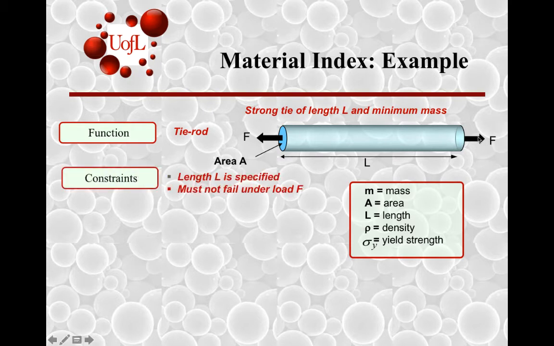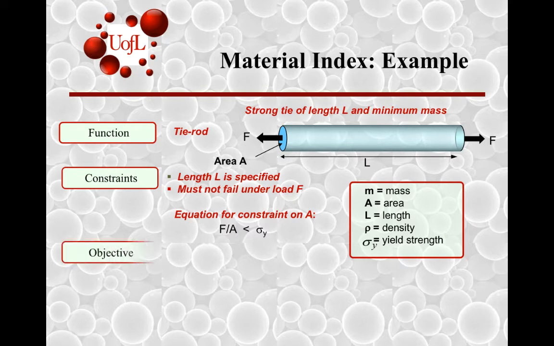You apply a force in tension, and the length is given, and the maximum load that it should survive is also provided as constraints. Right? So the equation for this constraint is force by A, and that should be less than the yield strength for this part to survive in its function.